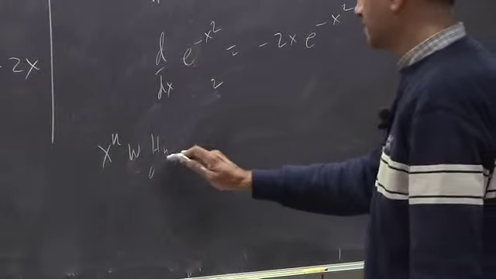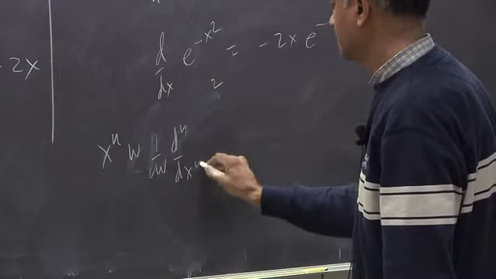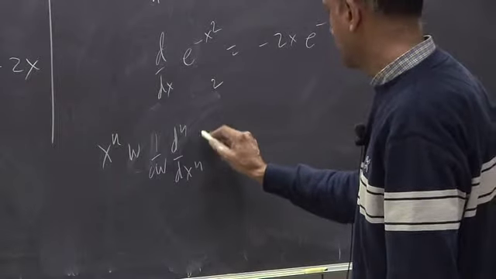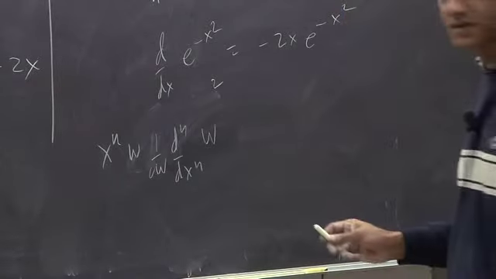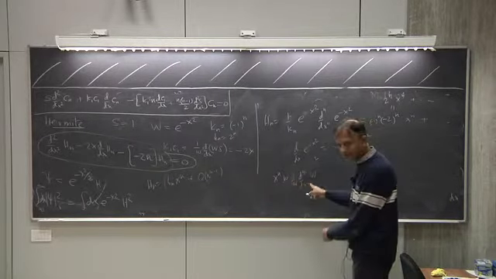But this Hn is 1 over w, d^n/dx^n of w, that's it, right? I have used the fact that s is 1.